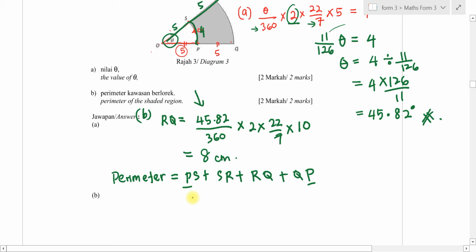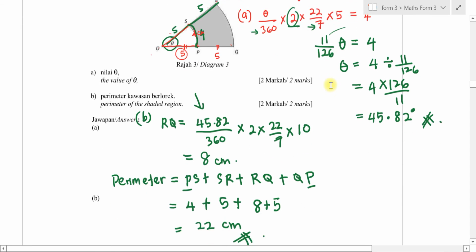So PS, we know it is 4. SR is 5. RQ, just now we found out 8. And QP is another 5. Sum this up: 8, 4, 12, 12, 10, 22 centimeter. That was an easy question.